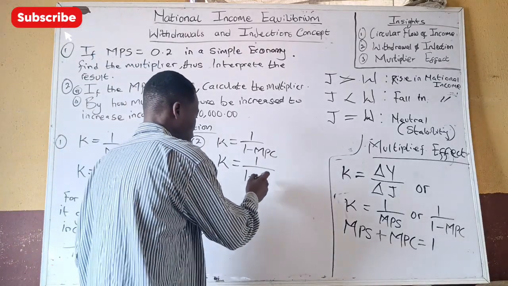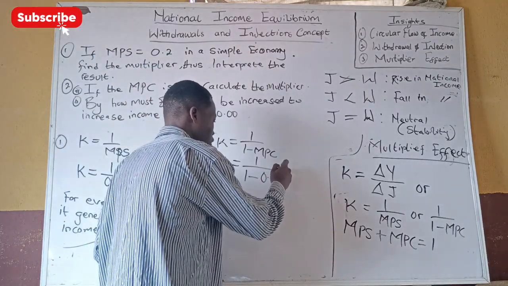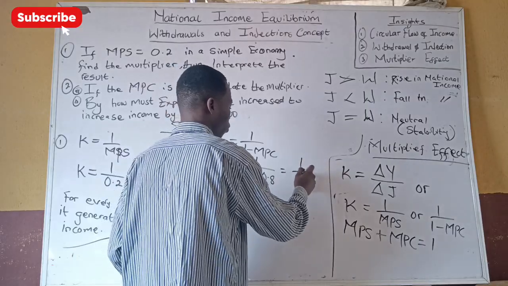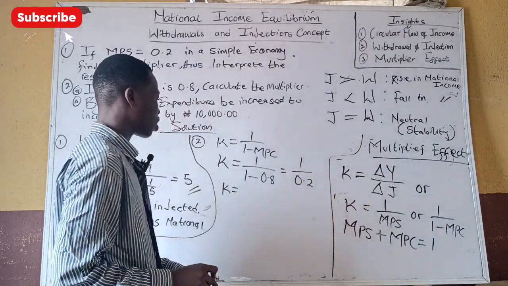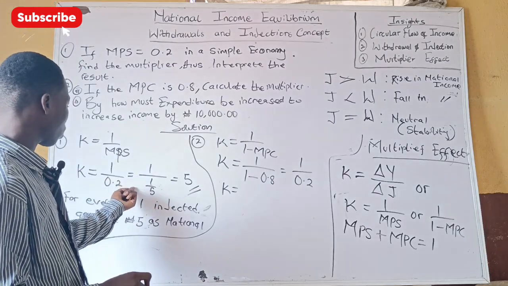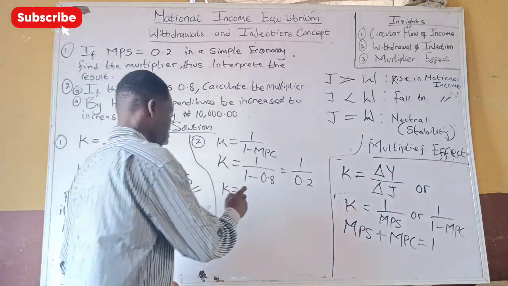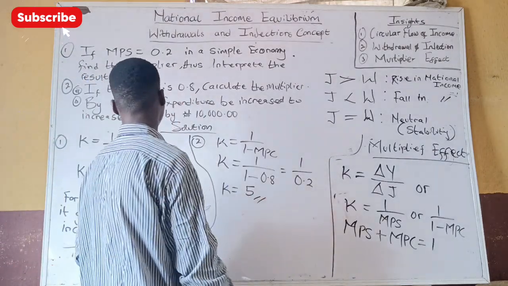From the question, we have 0.8. When you subtract, it's the same as 1 over 0.2, which we solved the other time. 1 over 0.2 is 5. So our multiplier is 5.